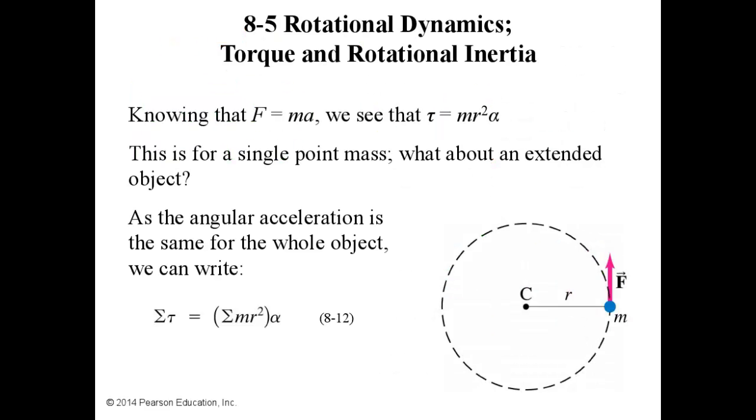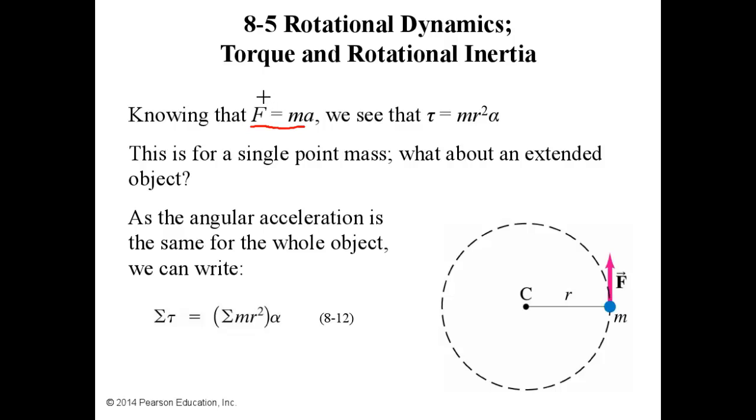So what we want to do is take these torques and relate them back to accelerations, much like we write Newton's second law for linear motion. We want to be able to do that for rotating objects. And we know that if we have a single point mass, then we could write that the force applied to it is equal to the mass times the acceleration.